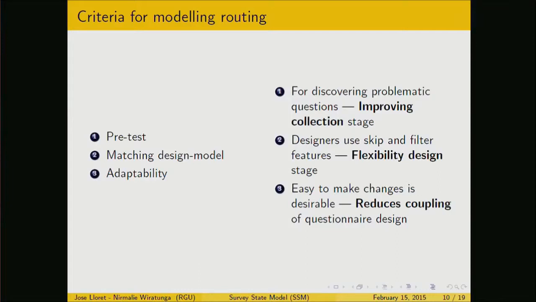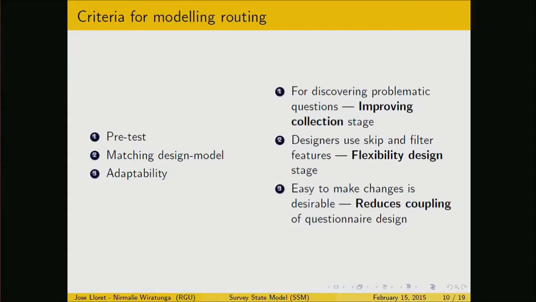So we should have both features in a language because this can permit flexibility in the design of the questionnaire. And adaptability is how easy it is to make changes in the system. And we would like to have a system in which the coupling is very low.